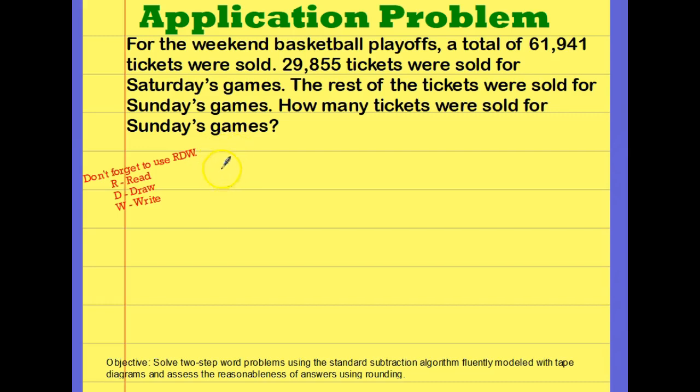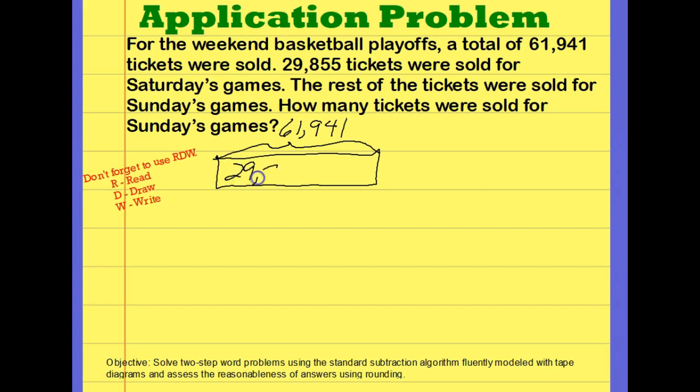We have a total of 61,941, 29,855 for Saturday, and something for Sunday. So we just subtract 61,941 minus 29,855.